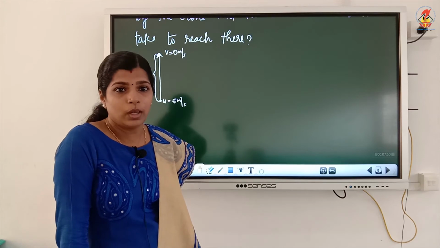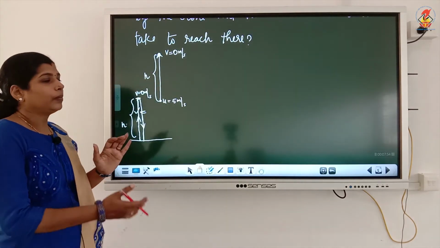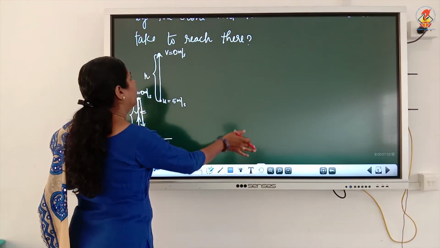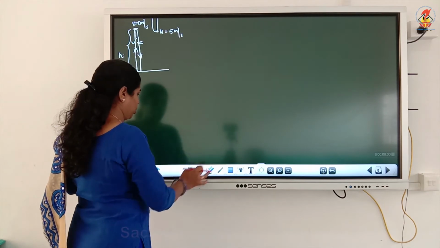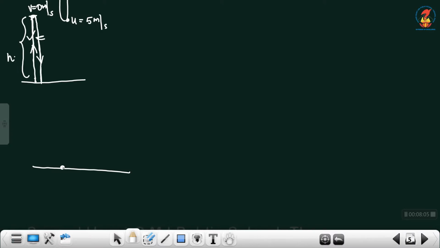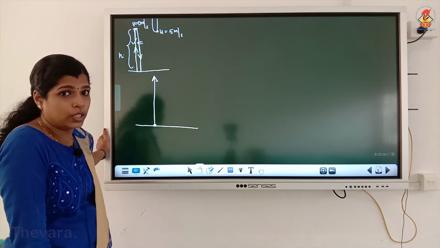Now, suppose the object is moving in the upward direction. In which direction will the earth attract all the objects?